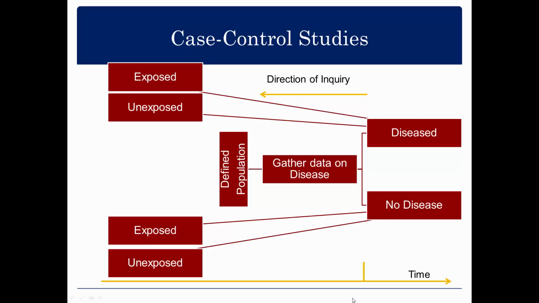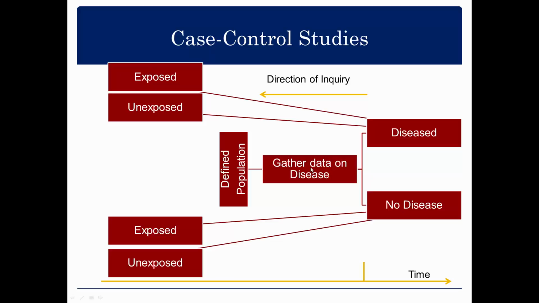If we look at the flow here of a case control study, we define our population, we gather information on their disease. Again, usually we have in hand cases, sick individuals with a condition. We gather a similar control group where the only way that they're really truly different is their disease status, and then we either ask them, have patients self-report, or we look at their medical records, their charts, to see what the exposure status is of this person.